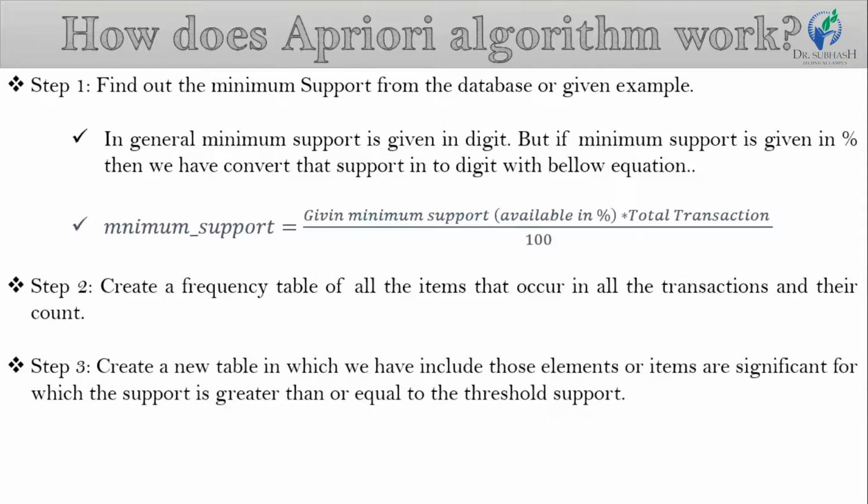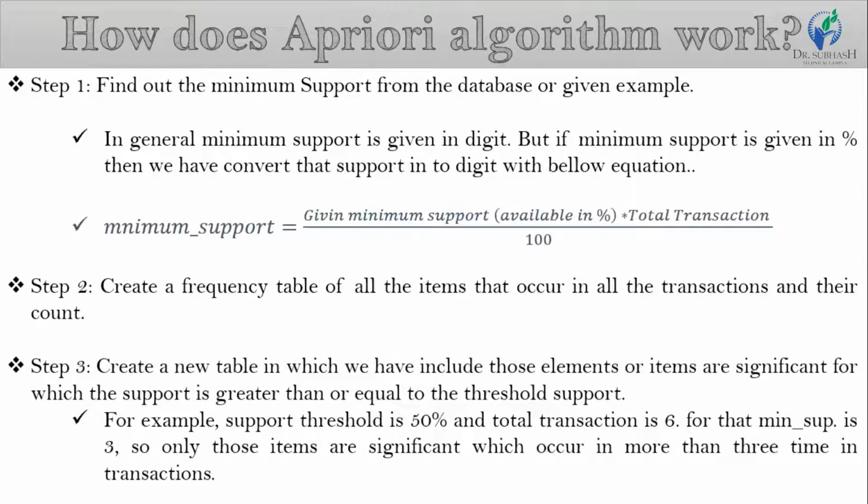Now, I explain this with an example. For example, the support threshold is 50% and the total transactions is 6. For that, minimum support is 3. So, only those items are significant which occur at least 3 times in the transactions.